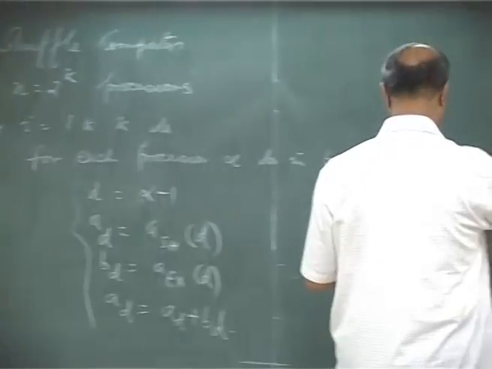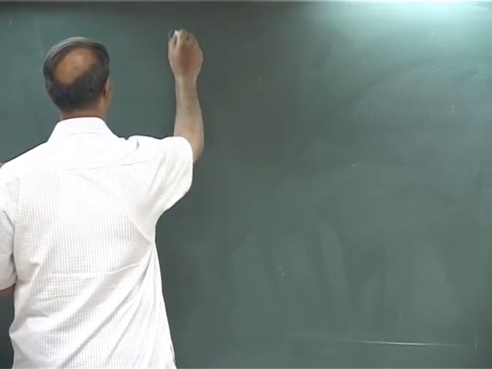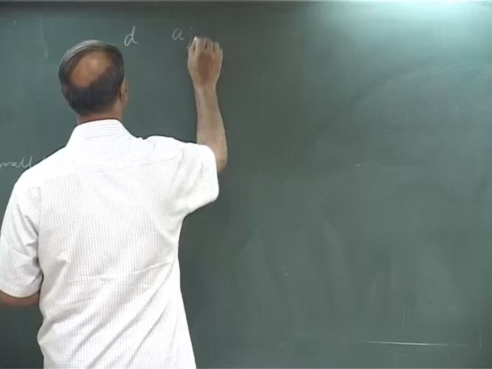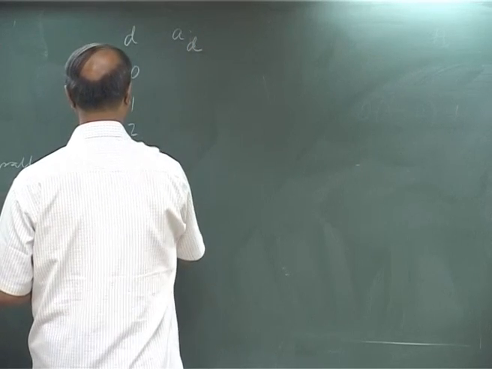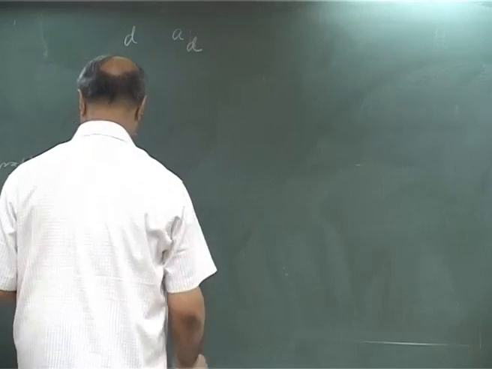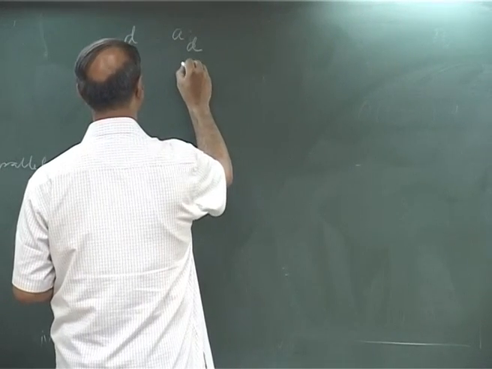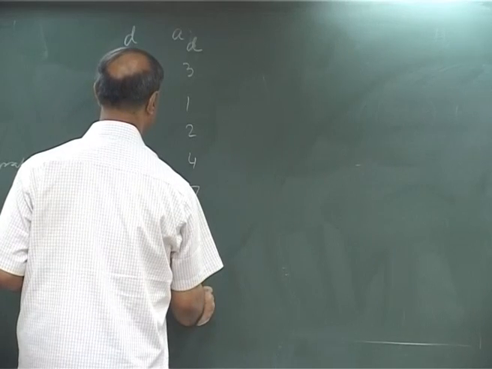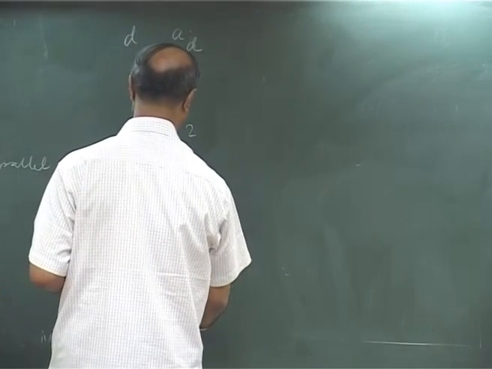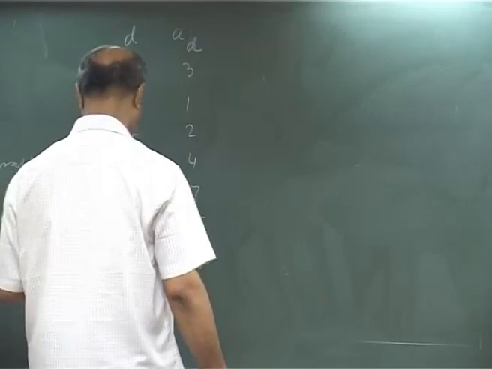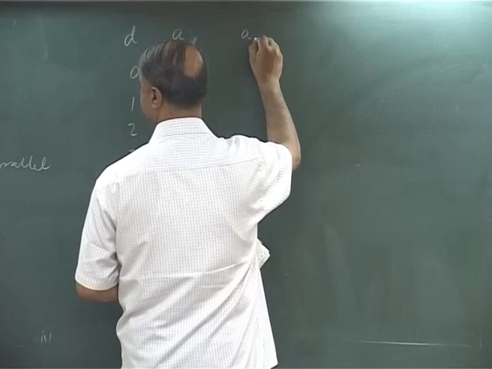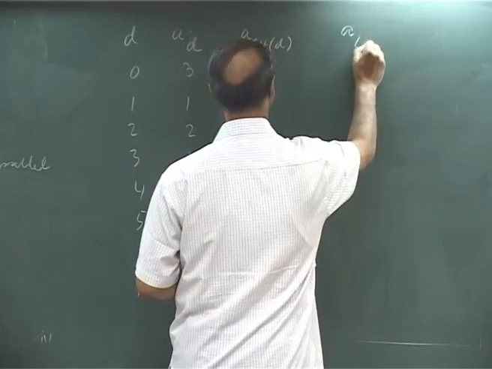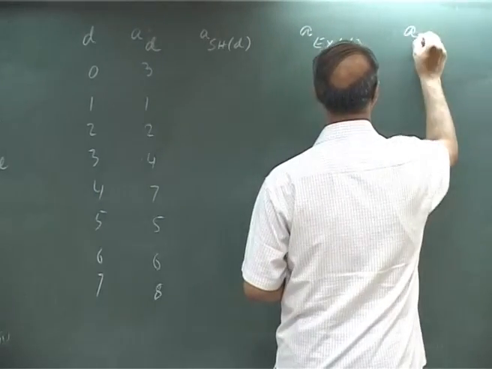So basically, if you have D equals 0, 1, 2, 3, 4, 5, 6, 7, and say the numbers are 3, 1, 2, 4, 7, 5, 6, 8, then A shuffle D, A exchange D, and then AD.